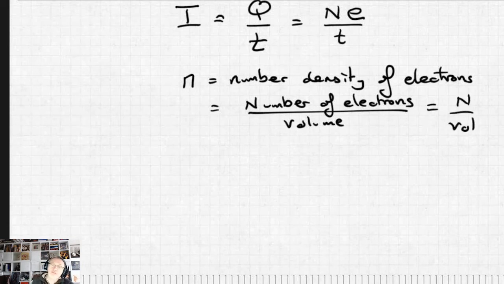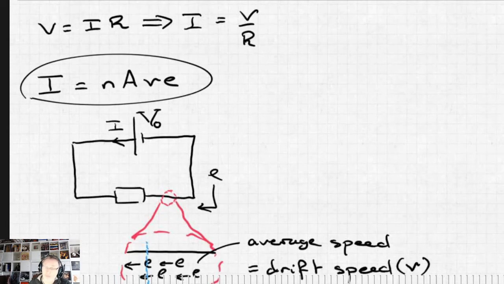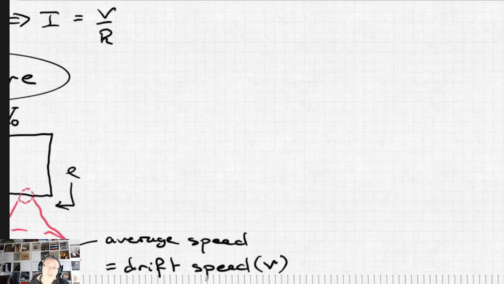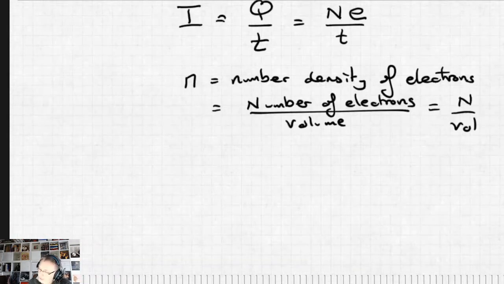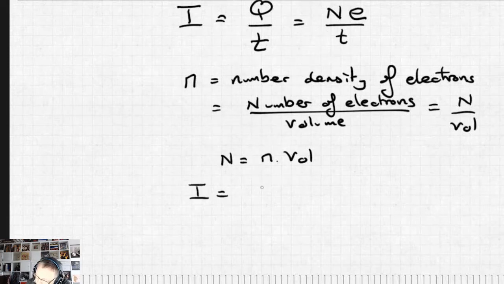I've written the word vol for volume because I do not want to get confused with the V that I'm using for voltage or the V that I'm using for drift speed. So if I look at this equation, it means that I can write that N is equal to little n times the volume, just by rearrangement. Therefore, this can go into this equation here. So the current is equal to big N, which is little n times volume times e over t.